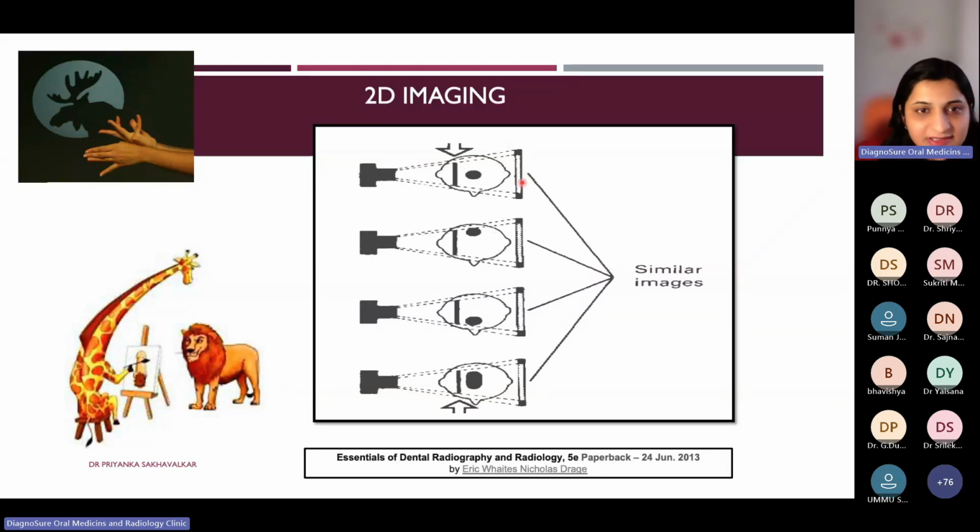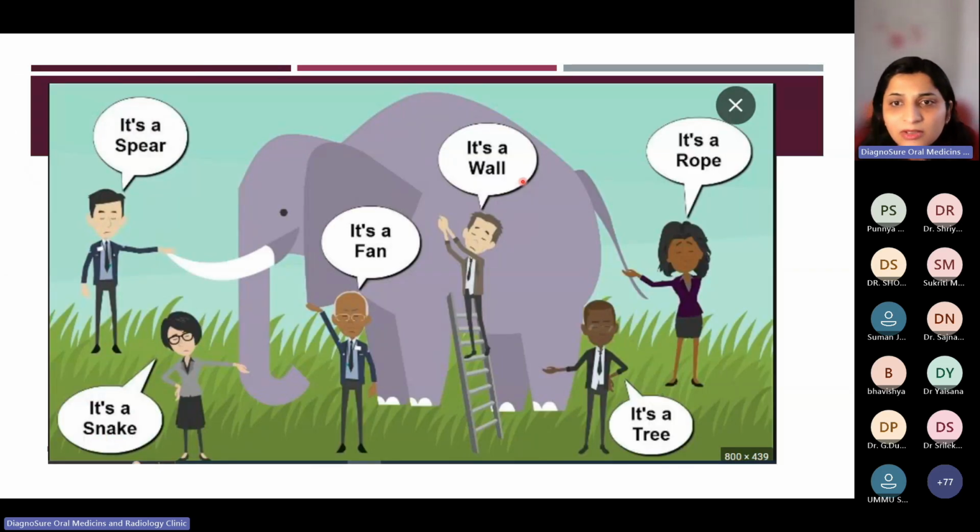Additionally, there are factors such as superimposition, distortion, magnification, and foreshortening that can further complicate the interpretation when we talk about 2D imaging. Thus, 2D imaging is much like the famous story where blind men describe only a part of an elephant and mistake it for the whole. It provides an incomplete picture and requires further analysis.